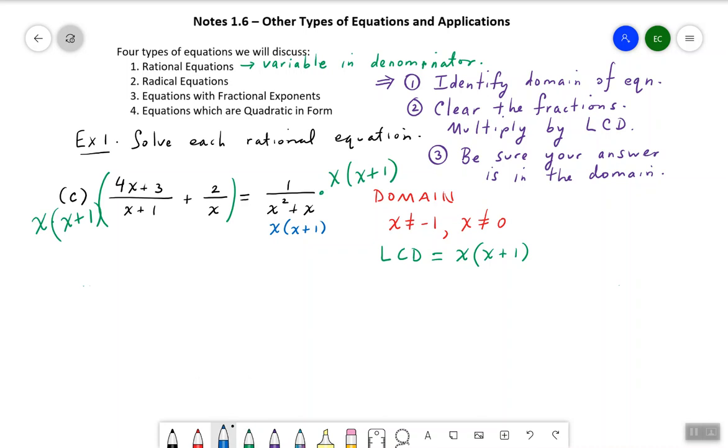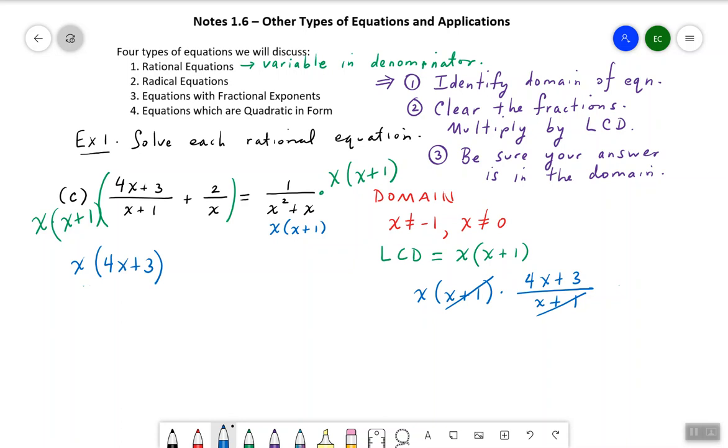Okay, and so then when we multiply x times x plus 1 times the first term on the left, can you see that the x plus 1's will cancel? And we're just left with x times 4x plus 3.